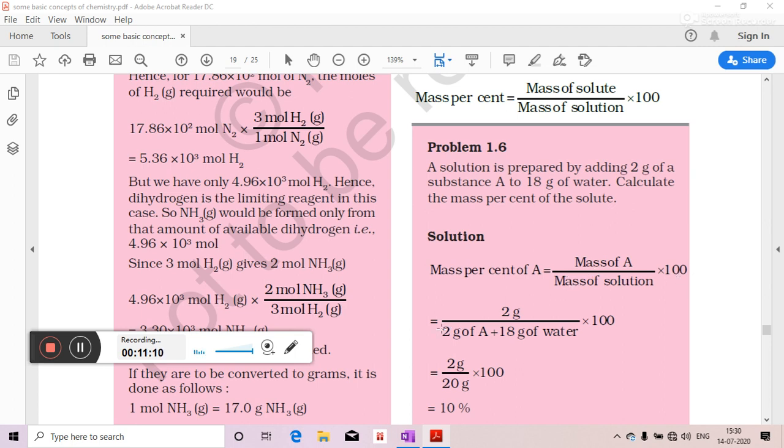So that is equal to, now in the numerator, mass of solute is 2 gram. So we'll write 2 gram divided by mass of solution. So that is 2 plus 18, solute plus solvent, in the denominator into 100%. So that is equal to 2 gram upon 20 gram into 100%. So that will come out as 10%. So that is the percentage weight by weight.